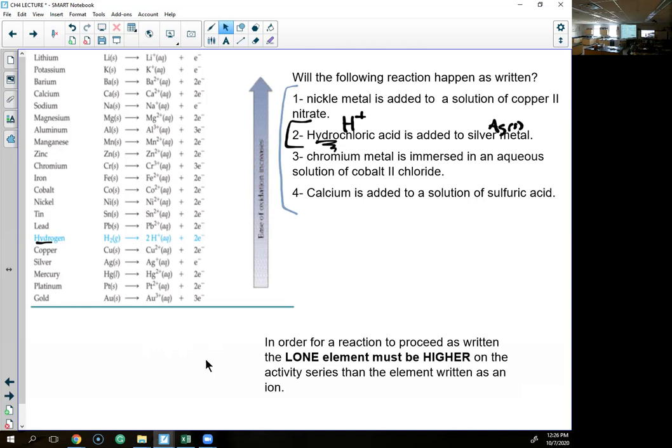Calcium is higher than sulfur. It has to be gas. Sulfur isn't the important part, it's hydrogen. I know, I figured it out. Yes, sir. I think so too.